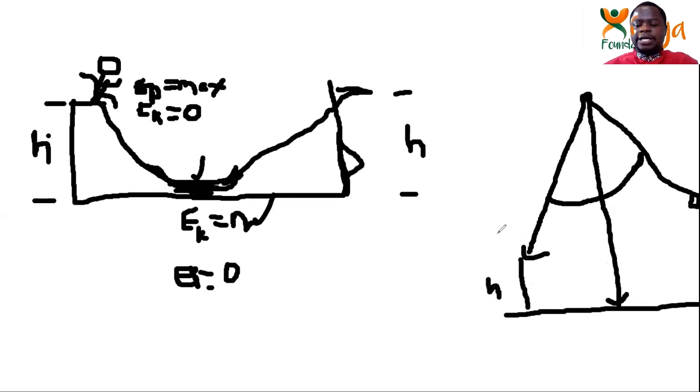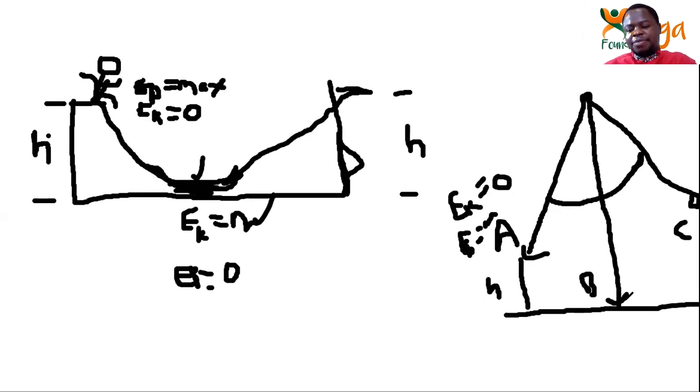When the ball is at A and C, you have height, so your EP is maximum and your EK, the kinetic energy, is 0.